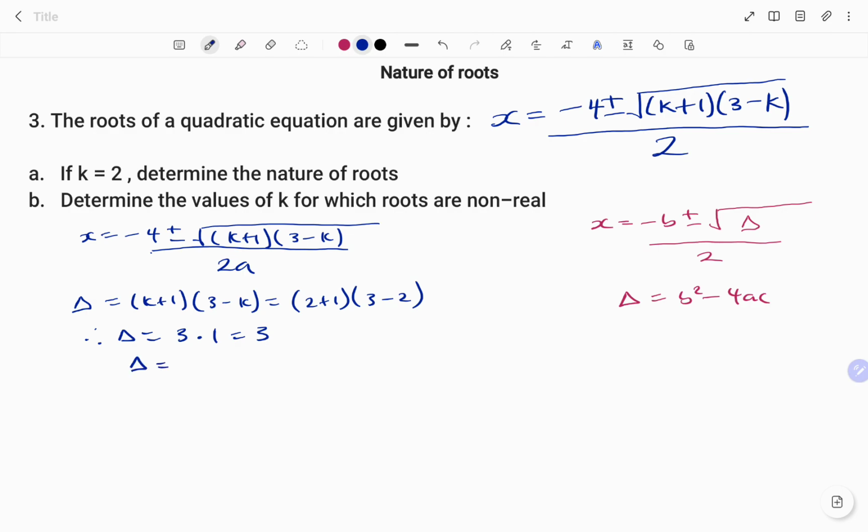If the discriminant is equal to 3, that means our discriminant is greater than 0, that is positive. But it's not a perfect square.